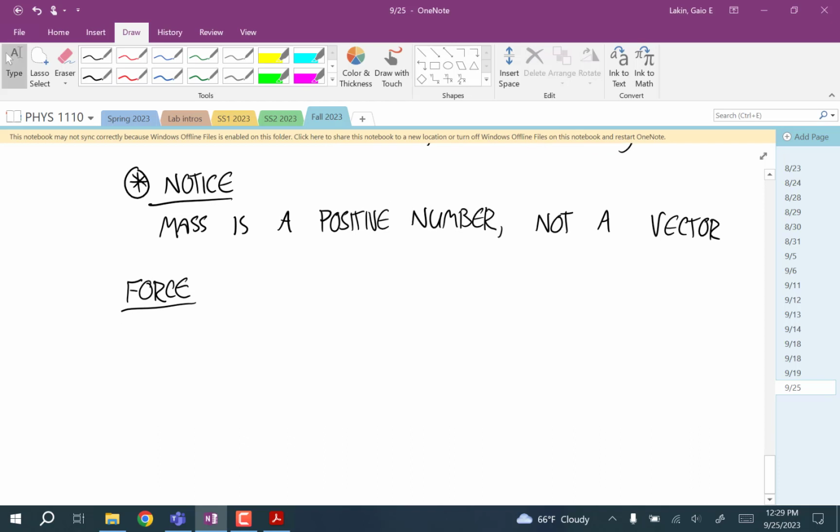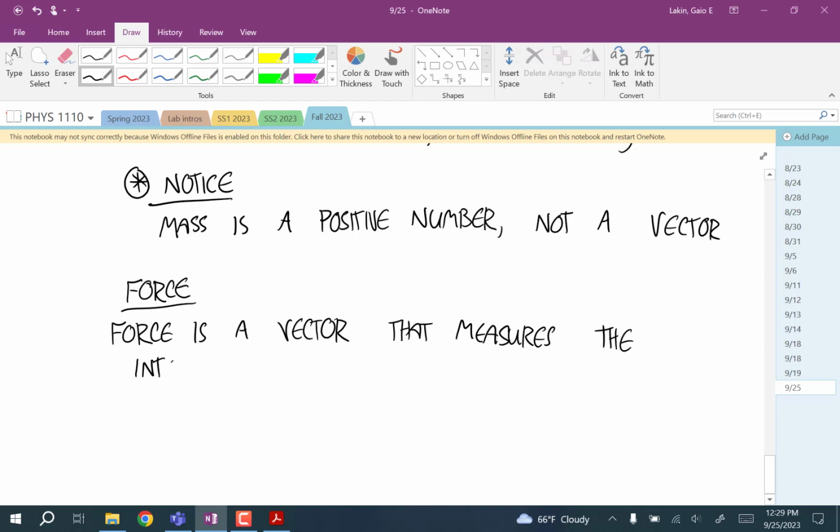So mass is a number, but force is a vector that measures the intensity and the direction of a push or a pull on an object.